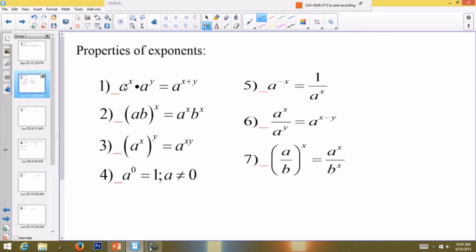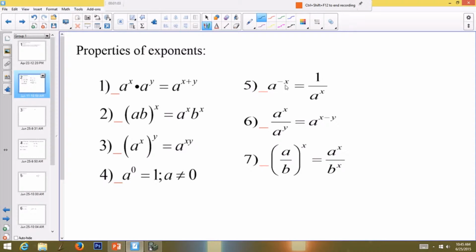If you have two exponential expressions that have the same base, when you multiply them together, you can just add. If you have a multiplication of two expressions to an exponent, you can take both of those two multiplied expressions to the exponent. If you have an exponent to an exponent, you multiply the exponents. Anything to the 0 power, as long as that thing is not 0, is always 1.